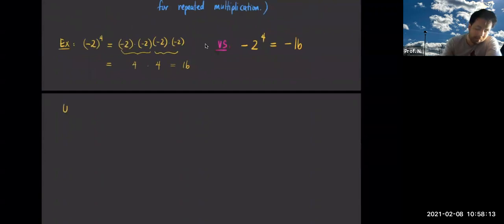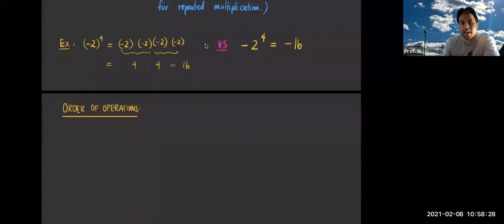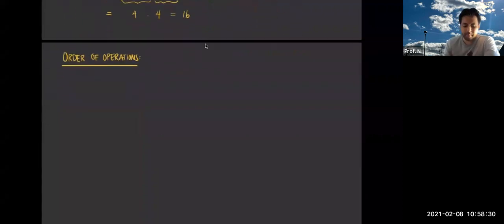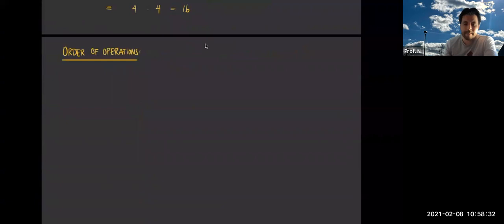And one thing I want to make sure we remember is the order of operations. Does anybody know the order of operations? What is that famous acronym? PEMDAS. That's right. It's PEMDAS.